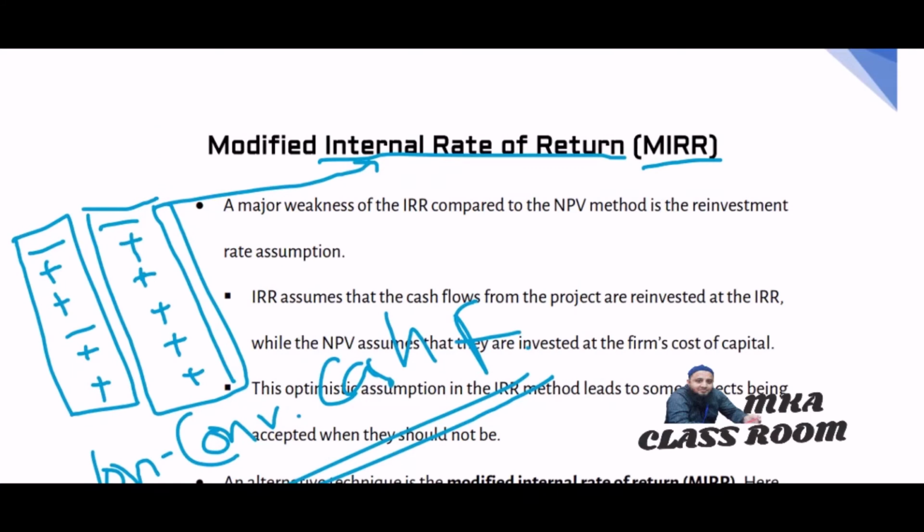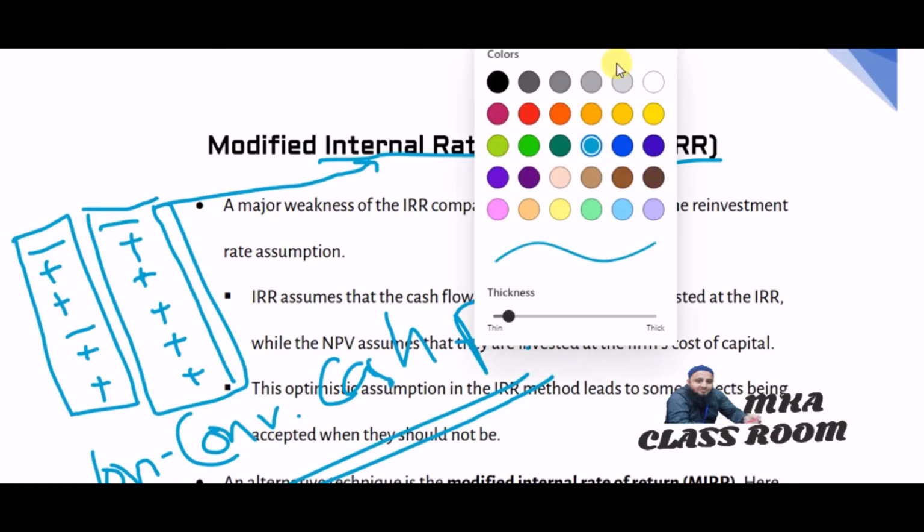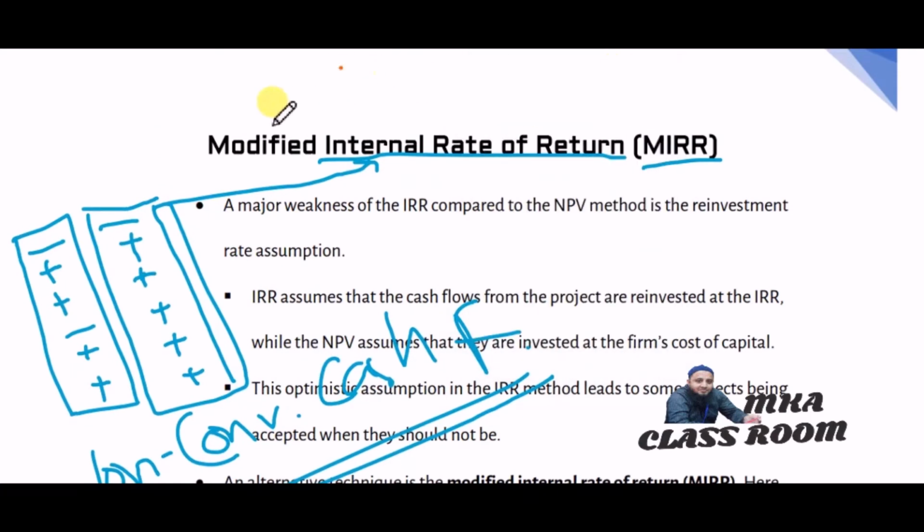But sometimes different types of cash flows arise. First is initial investment, that is cash outflow, then cash inflow, again cash outflow or initial investment. That means you can invest again, then again cash inflow, cash inflow. That is a non-conventional cash flow.